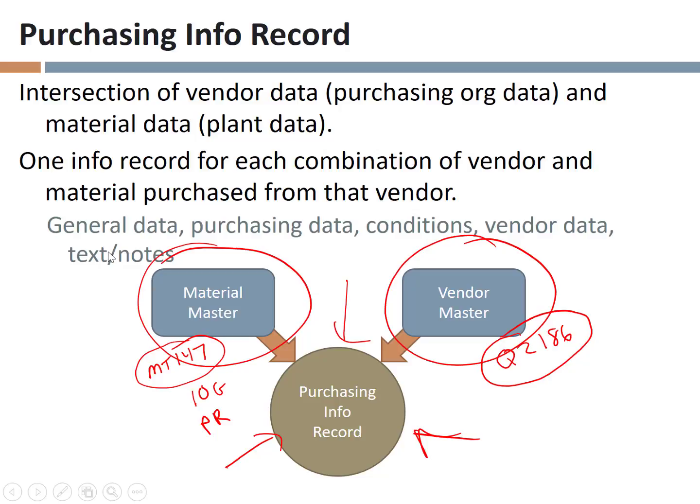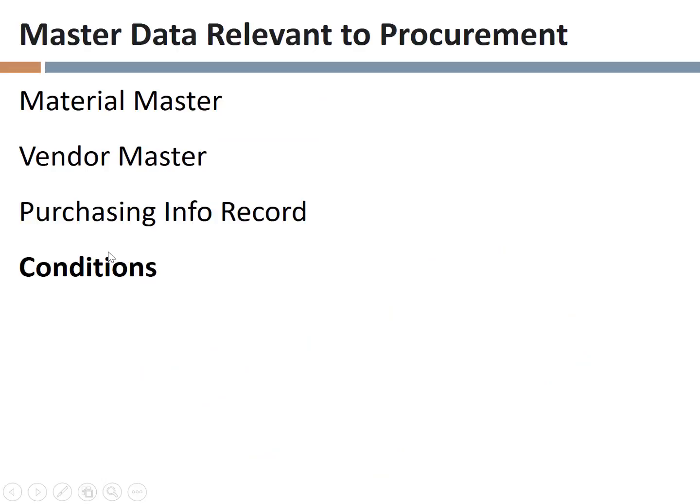All right, so we are almost done with master data. We have one very last, very important piece left, and that is conditions. Now, when you hear conditions, you could more easily translate that to prices. I think we've made this statement before.